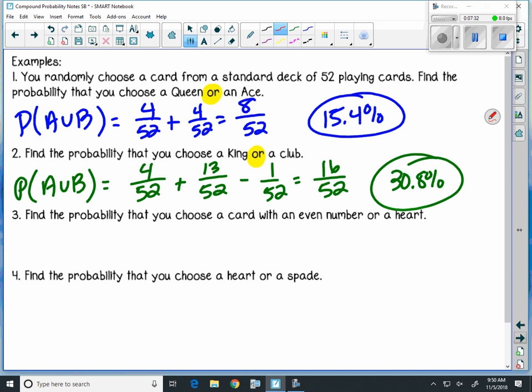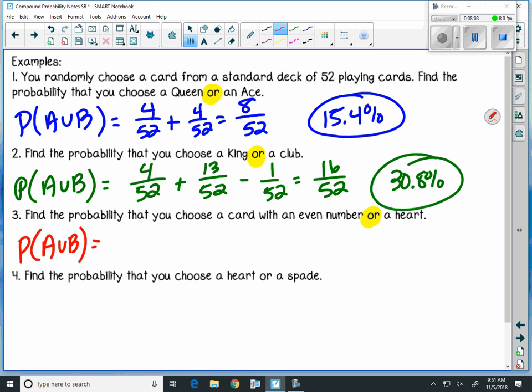All right, number 3, find the probability that you chose a card with an even number or a heart. Union or intersection? Union, we have the word or. Is it overlapping or non-overlapping? Can you have an even number heart? Right, so this is going to be overlapping, but we know it's still a union.